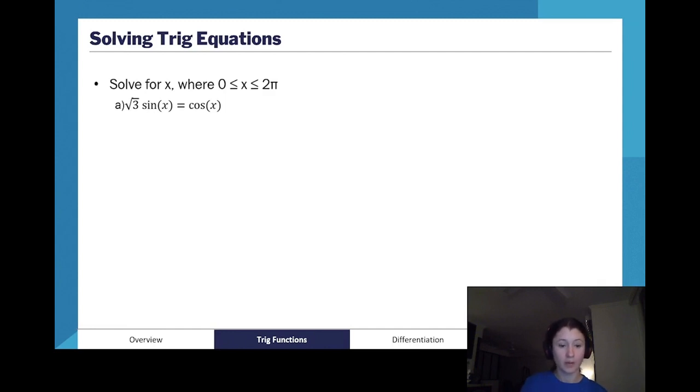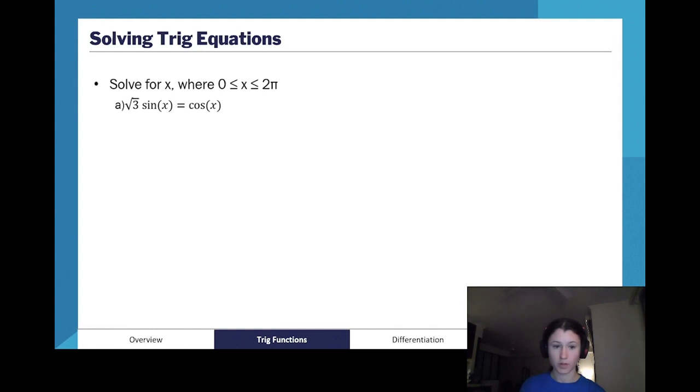So, here we have root 3 sine x equals cos x. Whenever you're given an equation where you have both sine and cos, and you can't do anything with the Pythagorean identity, what you typically need to do is make this into a tan equation.